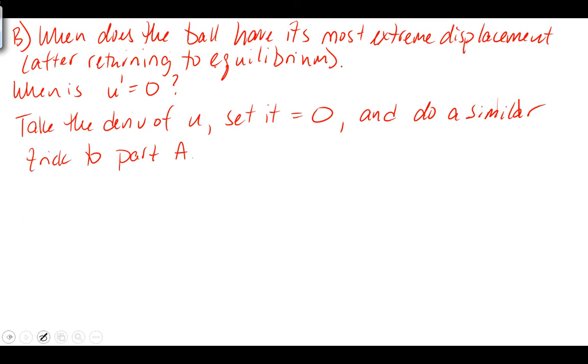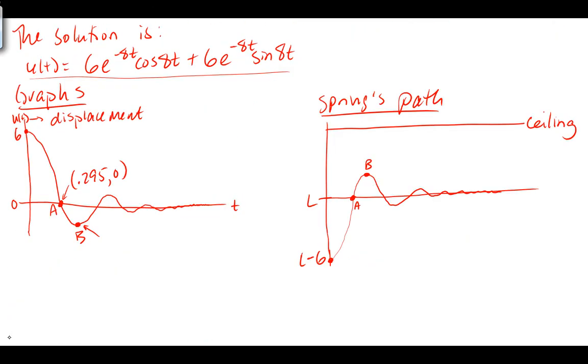Okay, so one example done. And this is an example, maybe I'll label it here on the graph. This is an example of what in physics is usually known as under-dampened vibration.